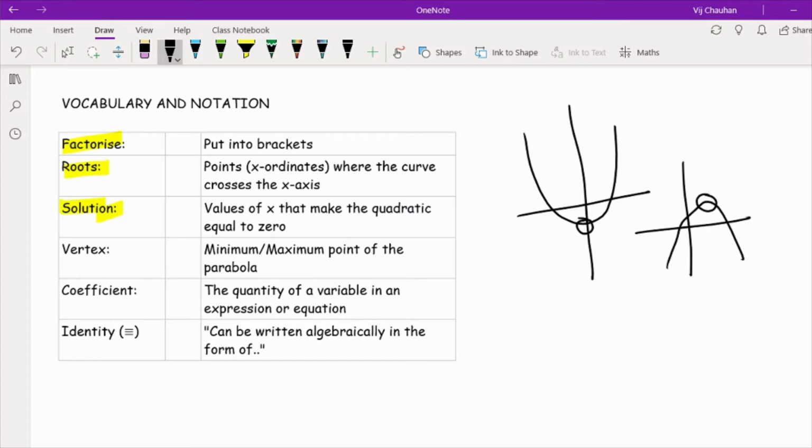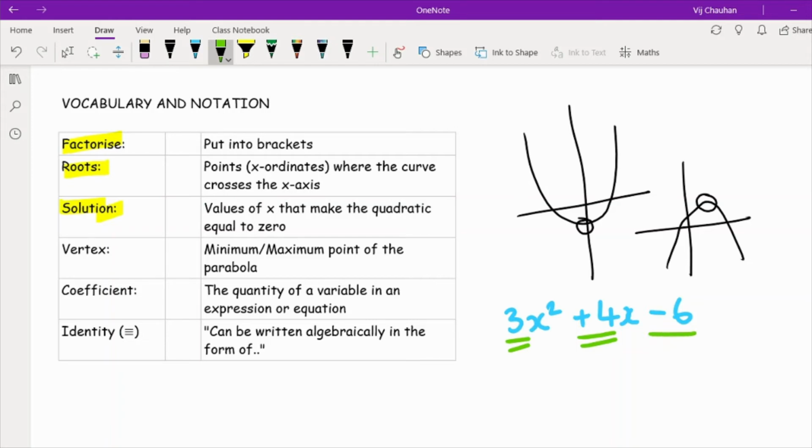The coefficient is the quantity of a variable in an expression or the equation. So for example, if I make up a quadratic equation, let's go for 3x squared plus 4x minus 6, then the coefficient of x squared would be 3, the coefficient of x would be positive 4, and the constant would be minus 6.